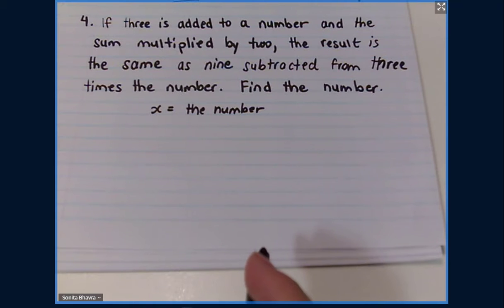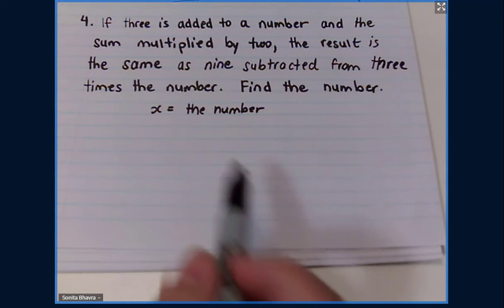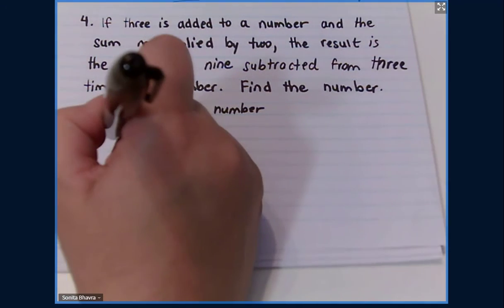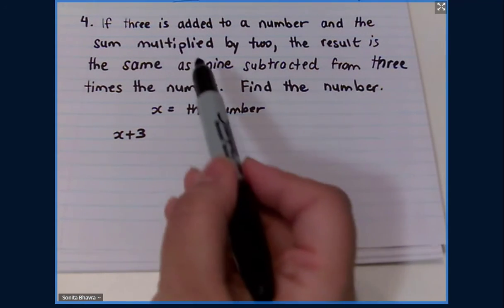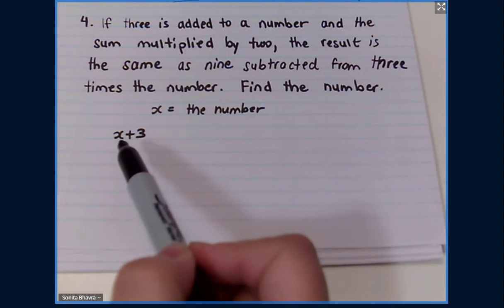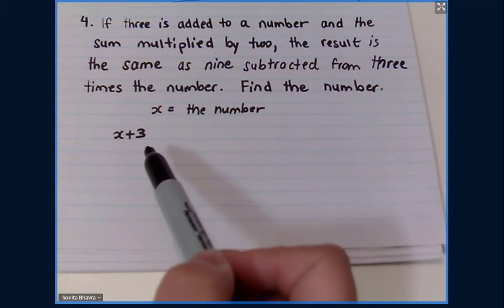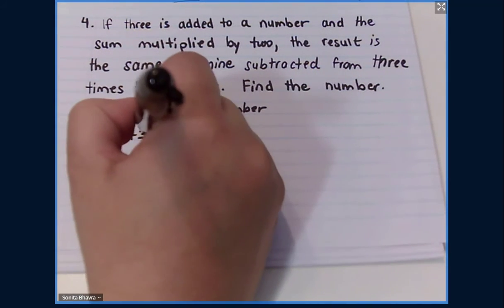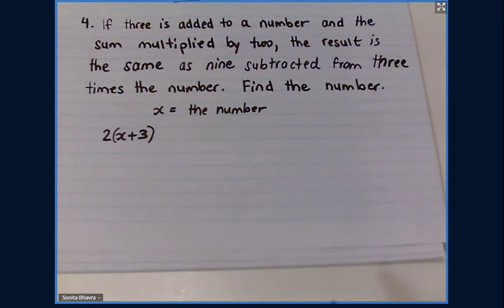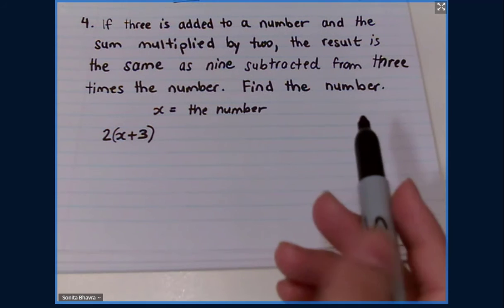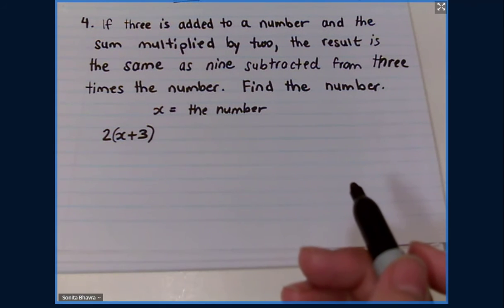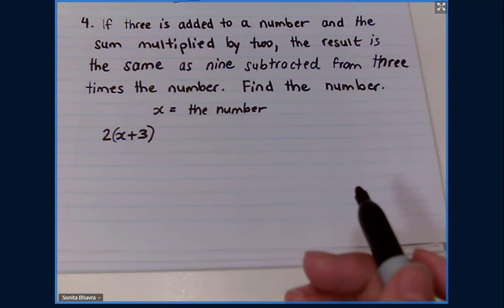Let's take a look at our first statement. If 3 is added to the number, that's x plus 3. And the sum is multiplied by 2. So x plus 3 is being multiplied by 2, so we'll put it into brackets and multiply it by 2. The result is the same as 9 subtracted from 3 times the number.